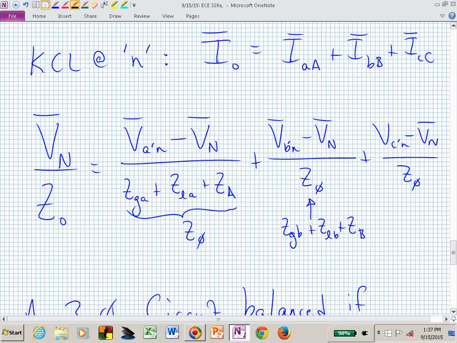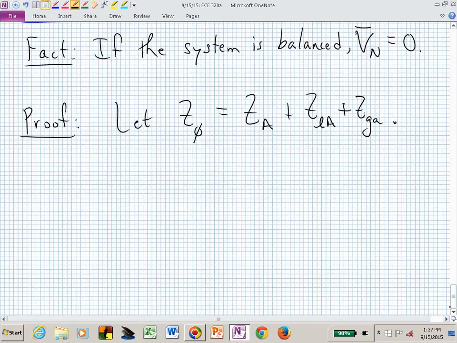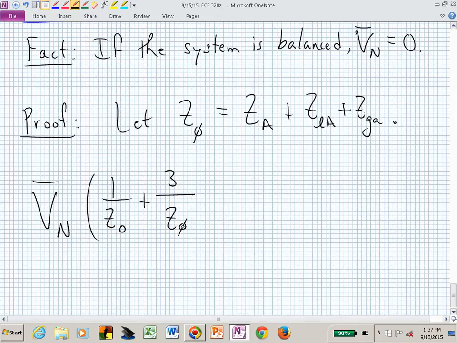I have a Z naught, and then I have a bunch of Z sub phis on the left-hand side, scaling capital V sub N. I now have V sub N scaled by 1 over Z sub 0 plus, since I'm moving all of those on the right with negative signs to the left, I had 3 of those.